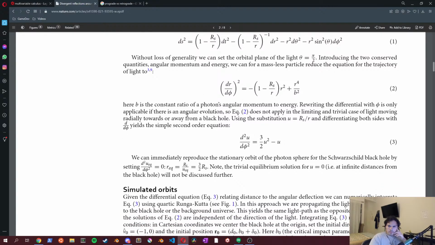But okay. So for whatever reason, you can reduce this equation down to here when you call the plane the light's rotating around pi over 2.